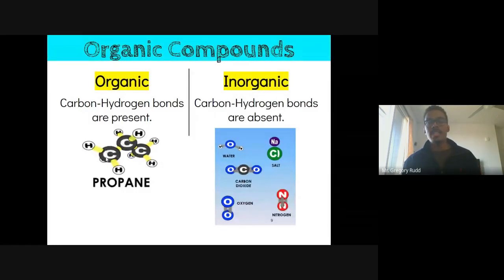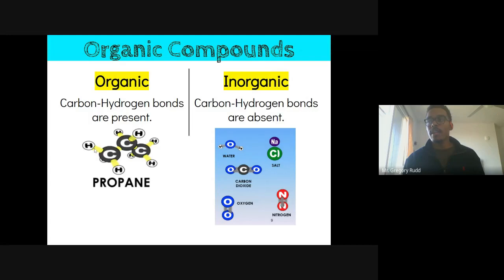So maybe you've heard of propane before. You've heard of a propane tank or propane gas, which is used to power some gas grills. Propane is a very simple gas. It's a very simple organic compound. It's got 3 carbon atoms represented by these gray circles with a C on them, and the carbon atoms are surrounded by hydrogen atoms.